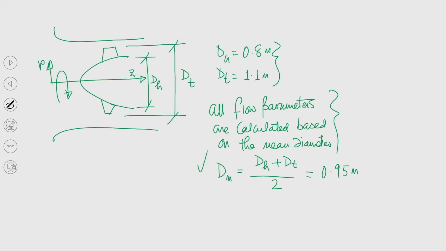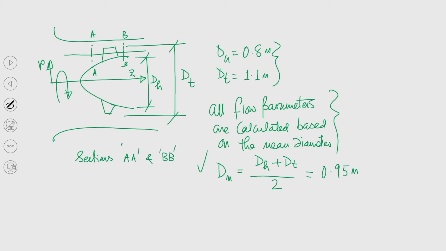So, say this is section BB and this is section AA.